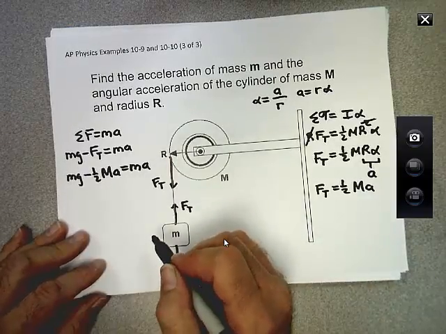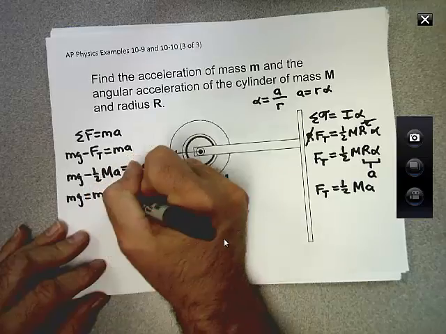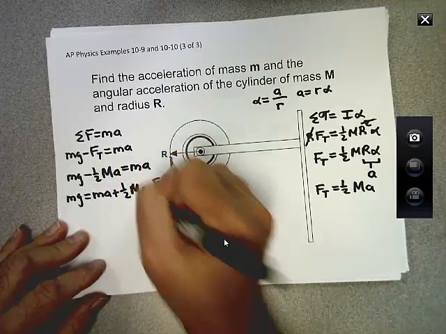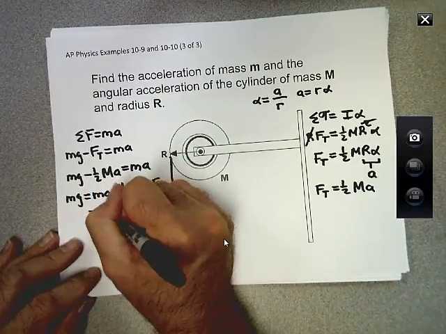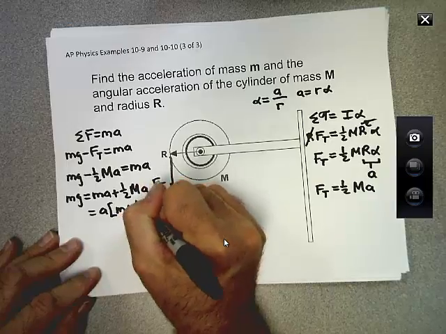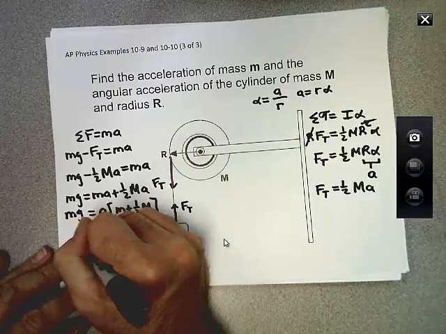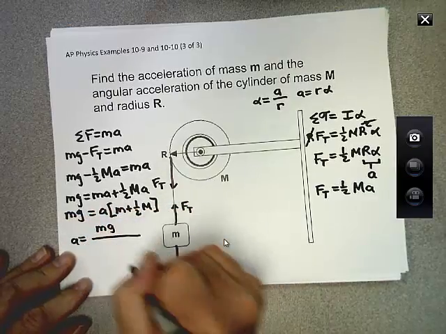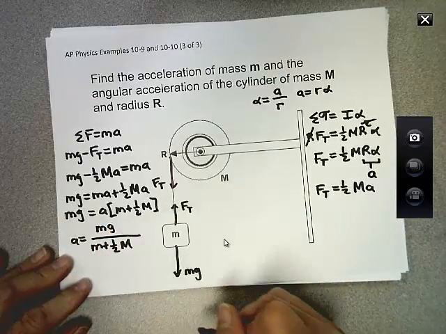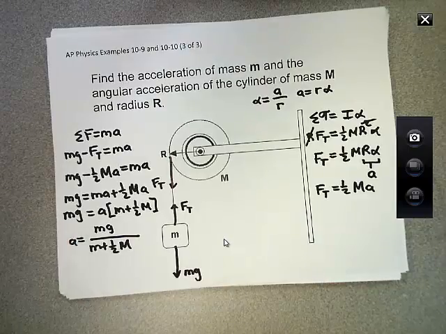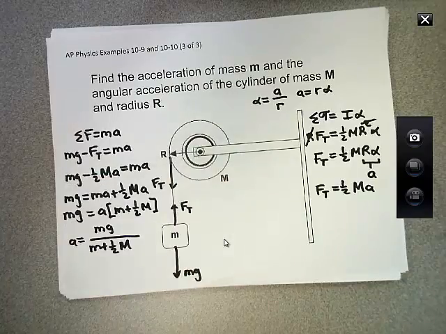So now we can solve for a by putting all terms containing a over to one side, and factoring out an a, and dividing. All right, so we have an expression for the acceleration of the block and also the tangential acceleration of the cylinder.